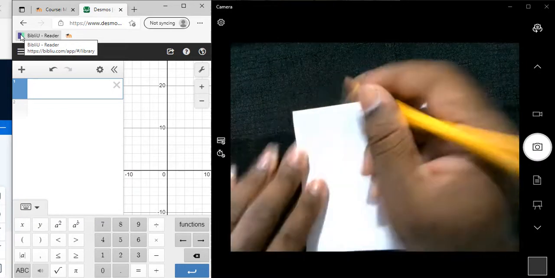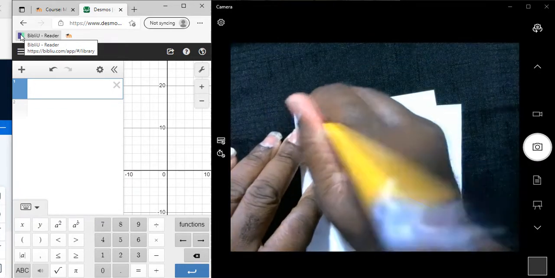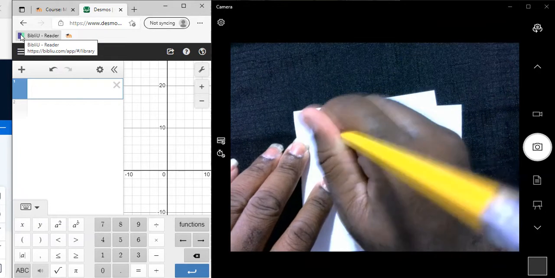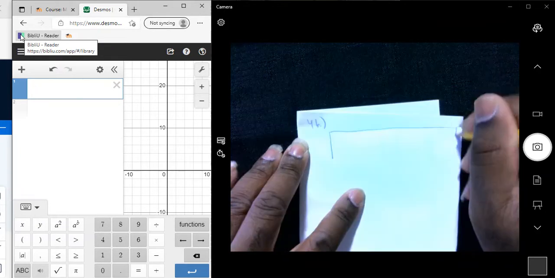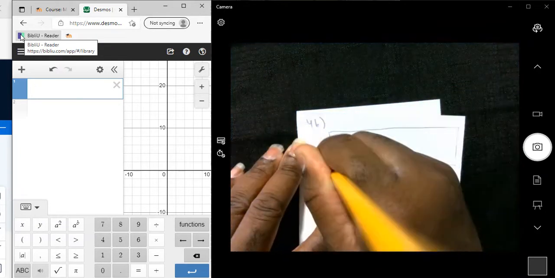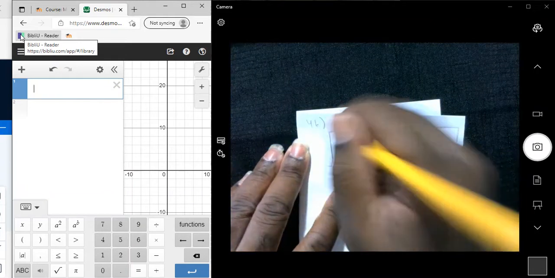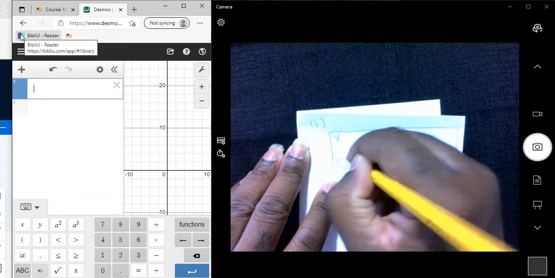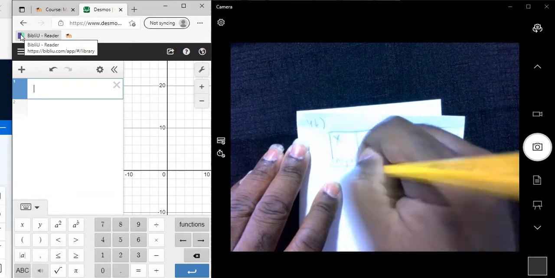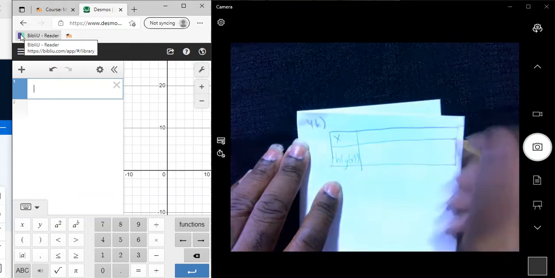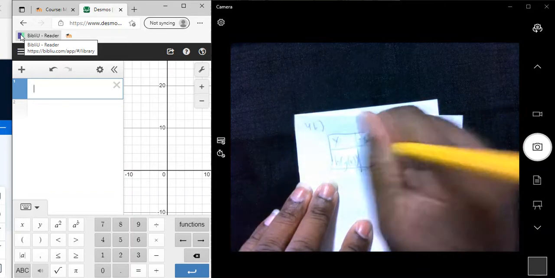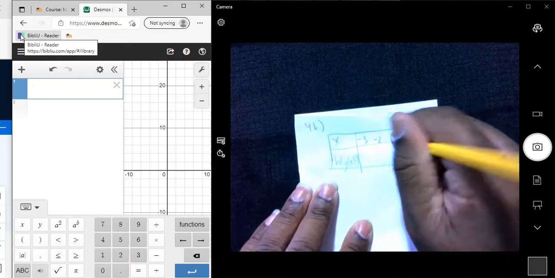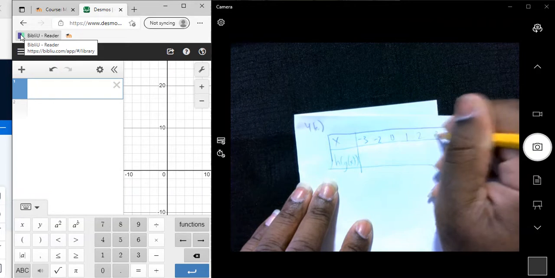All right, so we have 4B in this table. We basically have X and H of G of X, and then we're supposed to have -3, -2, 0, 1, 2, and then 3.